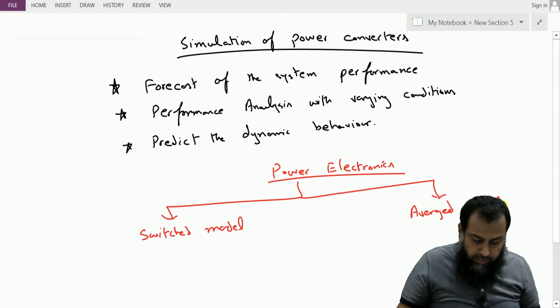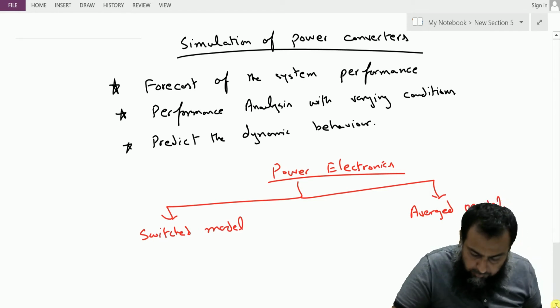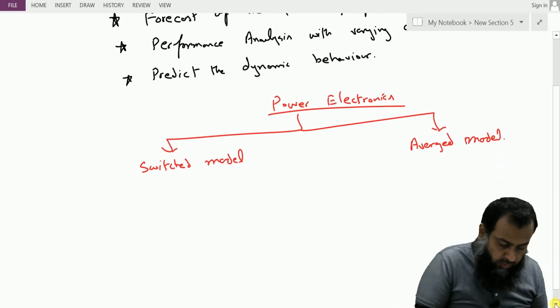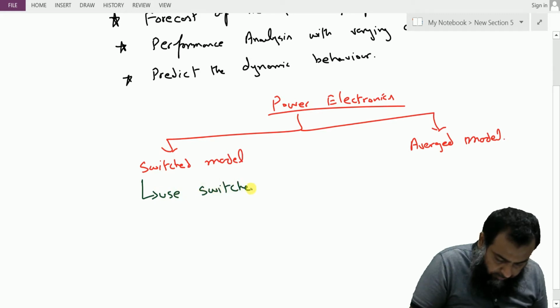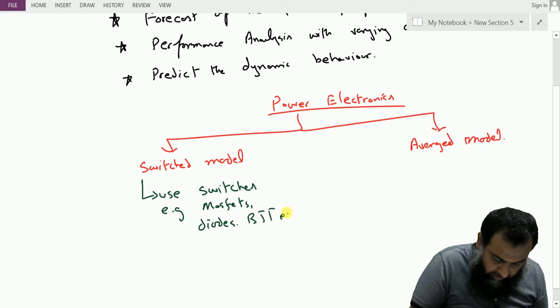Switched model simulation is most widely used. Here we use switches, for example MOSFETs, diodes, BJTs, etc., to simulate the circuits.